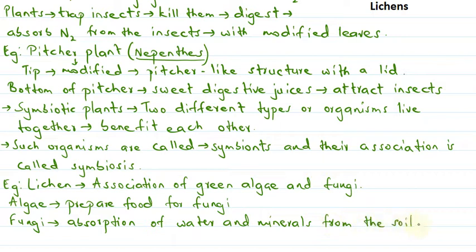So fungi absorbs water and minerals from the soil and supplies it to the algae. Algae uses all these things and prepares food as they contain chlorophyll. So they prepare food by the process of photosynthesis and provide the food to the fungi. So here both the organisms are getting benefited from each other.